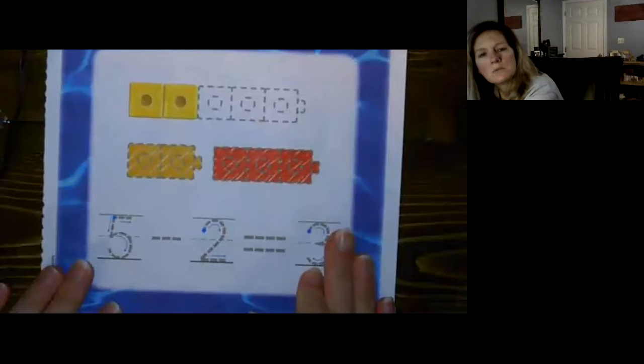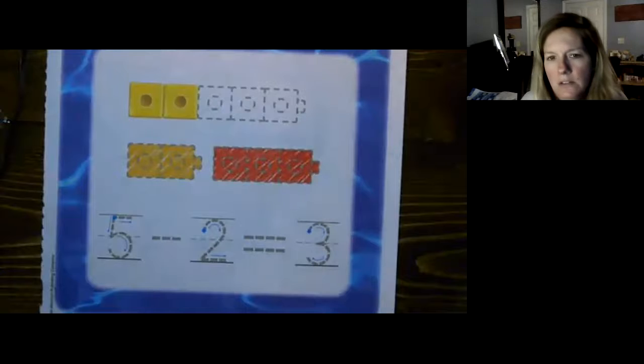All righty, so we're going to go ahead and get started. It looks like we are going to be taking things apart. Speaking of taking apart, I'm going to go ahead and take that page apart. All right, so what we're going to do, you know what, let's not do the cubes today.